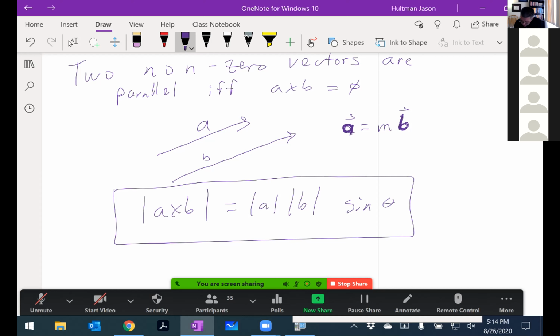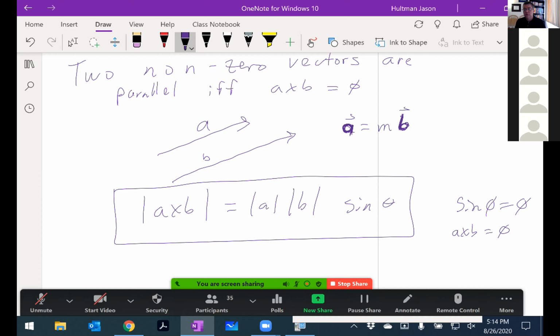Okay, then the angle between the two is the sine function. So if the angle between the two is 0, then the magnitude of the cross product is 0. Does that make sense? Well, what's the sine of 0? What's the sine of 0 degrees? Isn't that 0? So wouldn't this tell me that the magnitude of A cross B would have to be equal to 0 if the angle between them was 0?